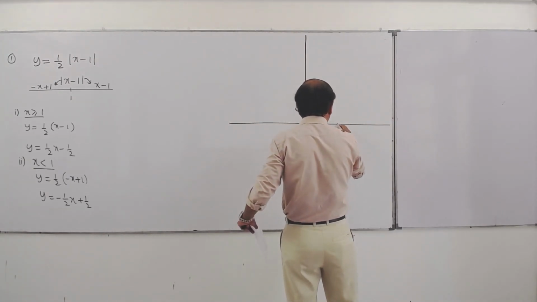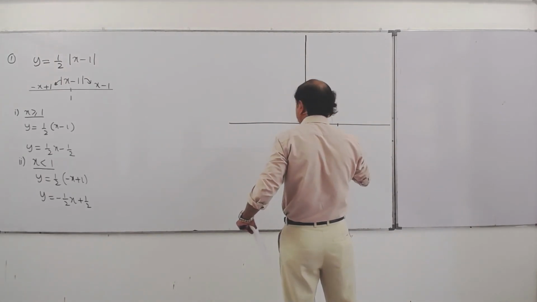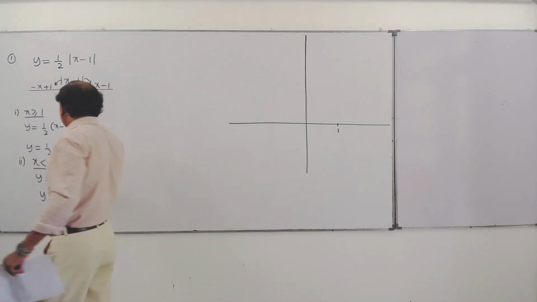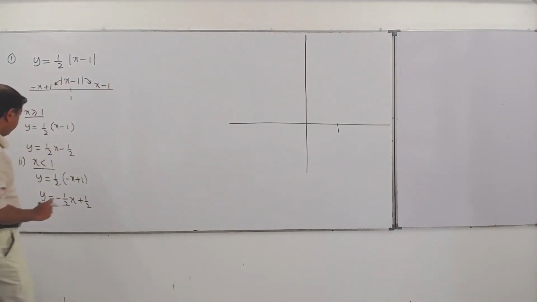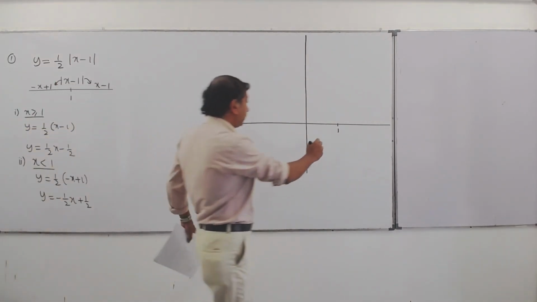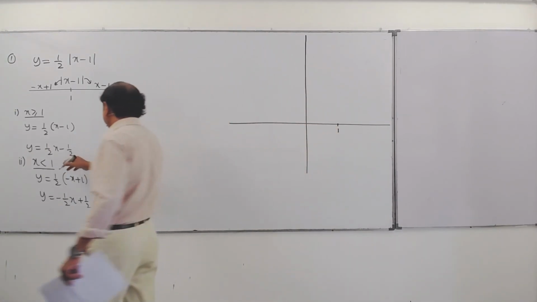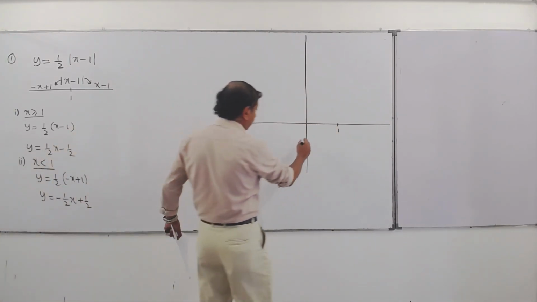Suppose 1 here. On the right hand side, we have to draw half x minus half. When we put x equals 1 here, y is 0, so it passes through this point. The intercept is minus half; I take minus half somewhere here.